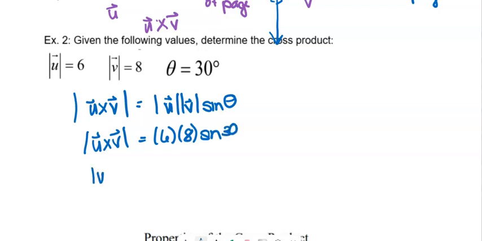So I'm just going to calculate this: 6 times 8 times sine 30 is 24. And then I can think about here's my 30 degrees. So I'm going to think about going this way, and how my hand is going to come up out of the page.